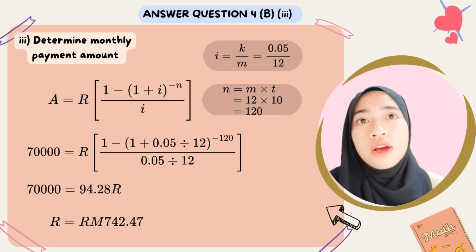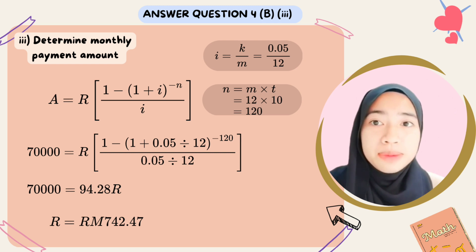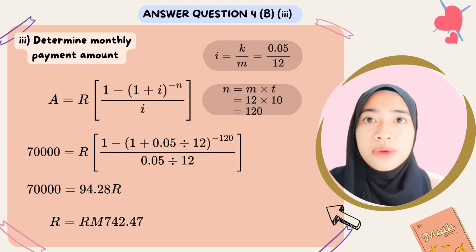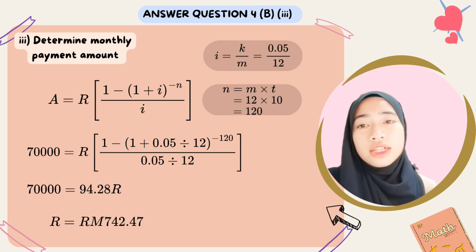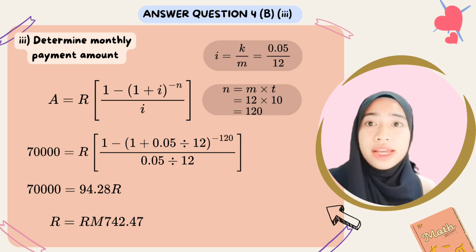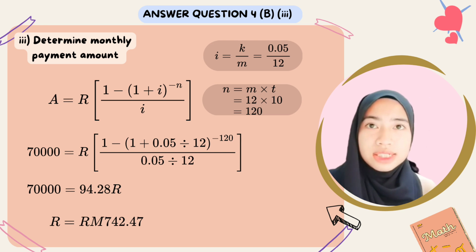So next, for B3, we must determine the monthly payment amount. We are going to use the formula A equals R bracket 1 minus bracket 1 plus I power of negative n divided by I. And now we calculate the I and n values first. I is 0.05 over 12. n is 12 times 10, equal to 120.